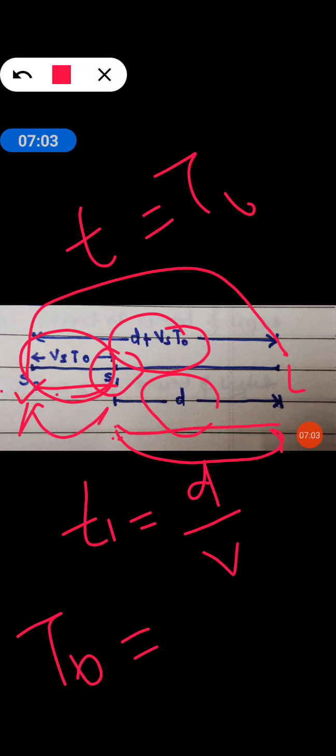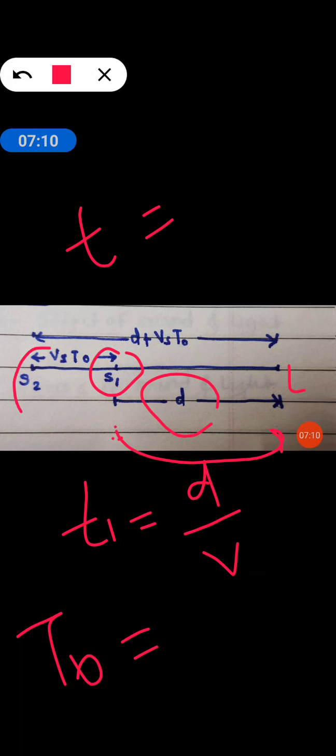Okay, at this point the source emits the second crest, and this second crest emitted by the source at S2 reaches the listener.